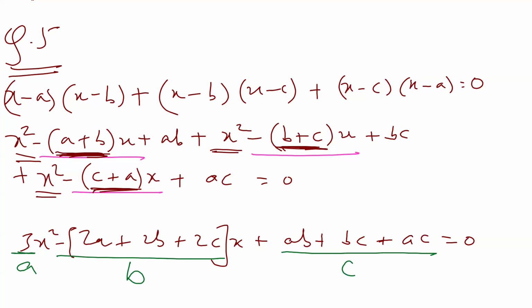I'll calculate delta. b square minus 4ac. Okay.